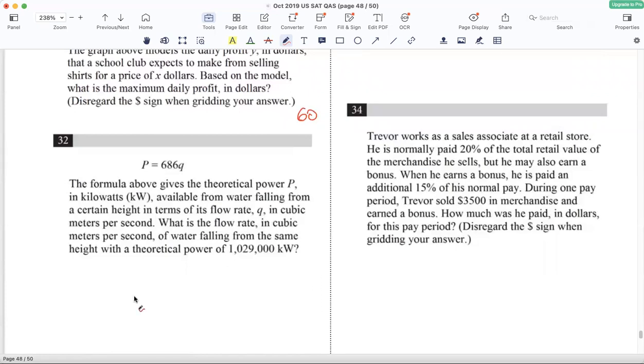Okay, so that would be Q is 1029,000 divided by 686. So let's just plug that. 1029,000 divided by 686. So that's 1500.